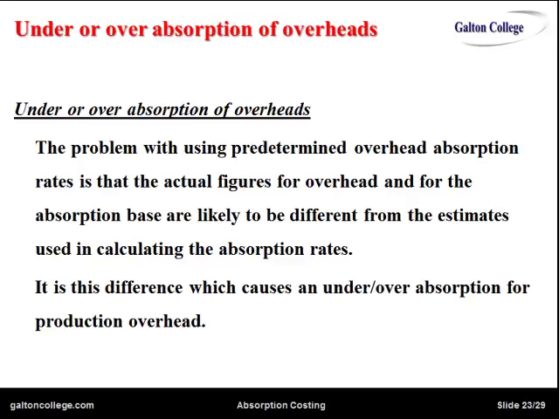So the actual figures for overheads and for the absorption base are likely to be different from the estimates used in calculating the absorption rate. The reason is quite simple. The figure used is not necessarily the actual figure. The actual figure is not known until the end. So they are working with a best guess in the meantime.